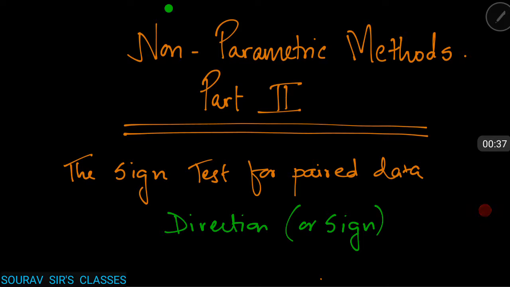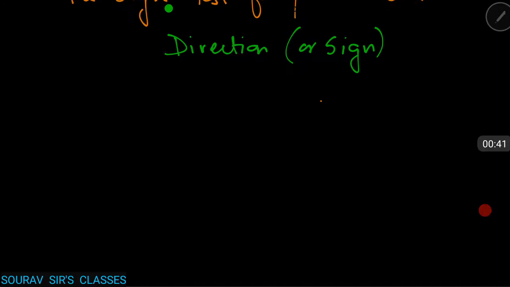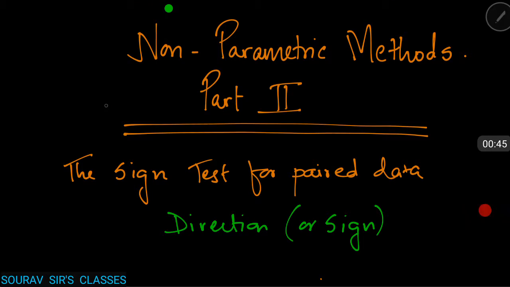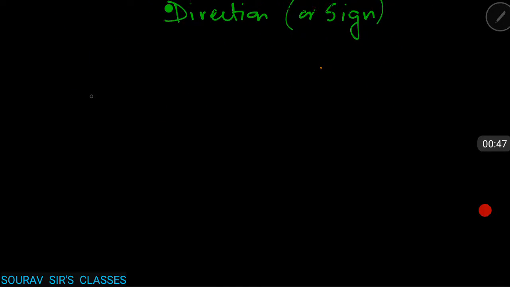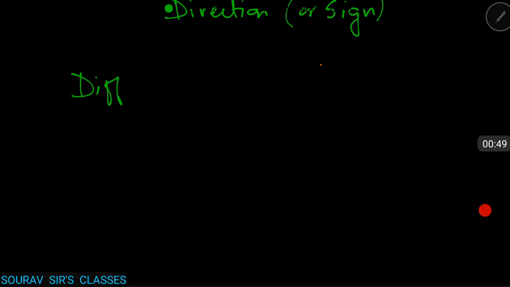In such problems, each pair of sample values is replaced by a plus sign if the difference between the paired observations is positive. So I repeat, if the difference is positive, then it is replaced by a plus sign.